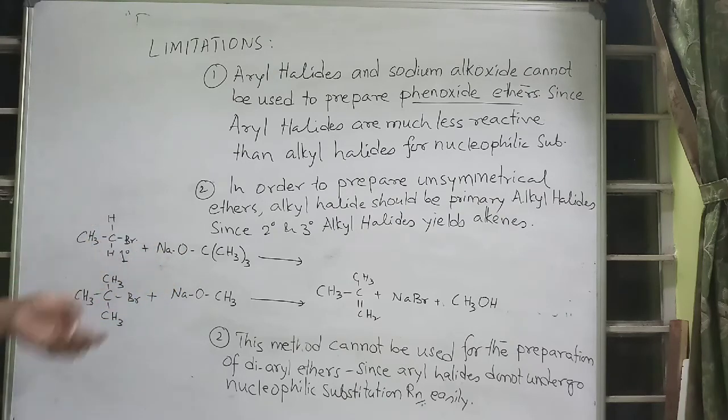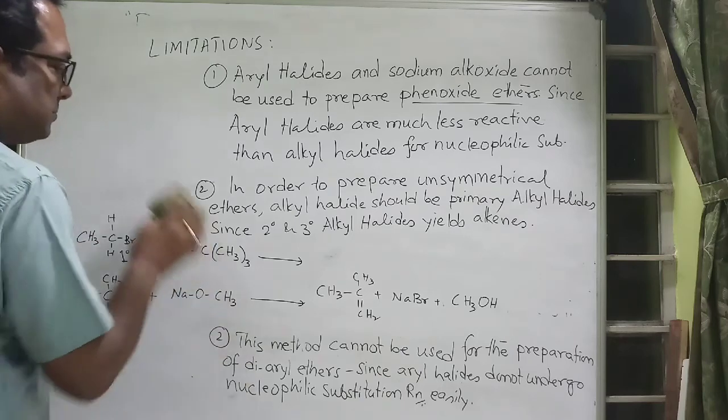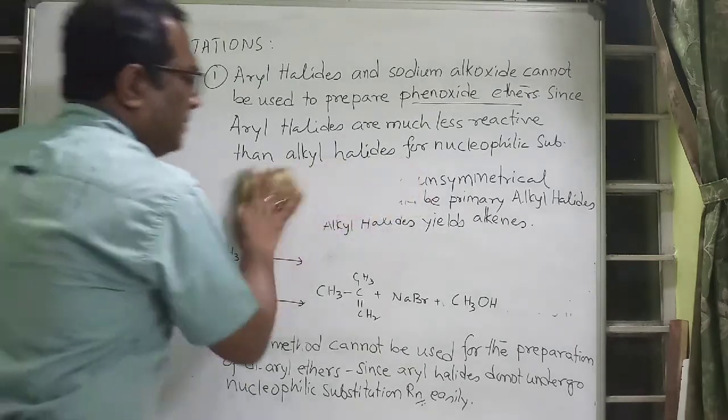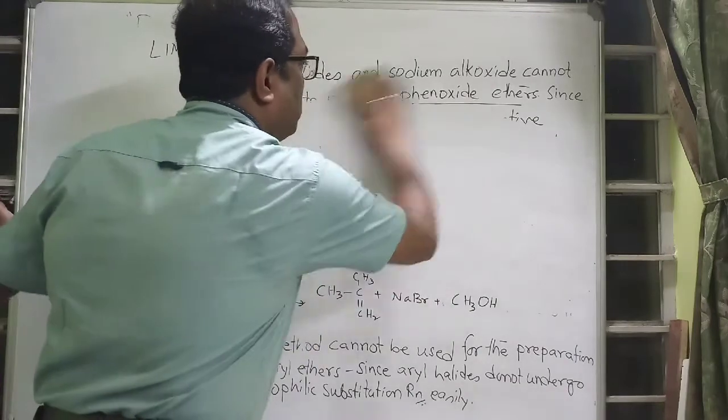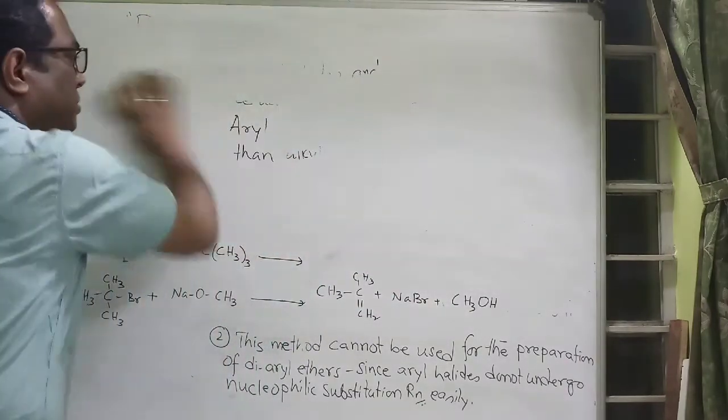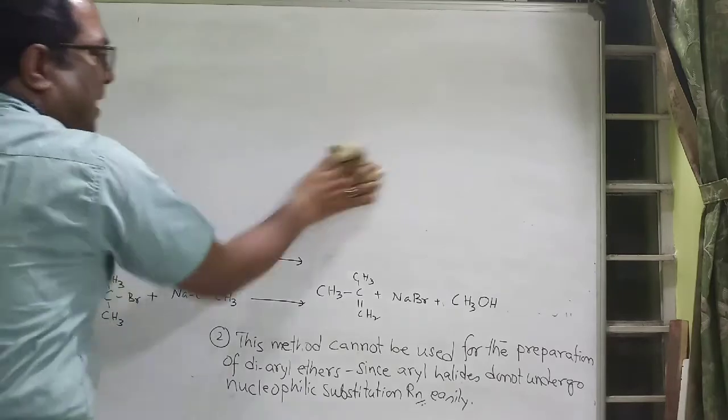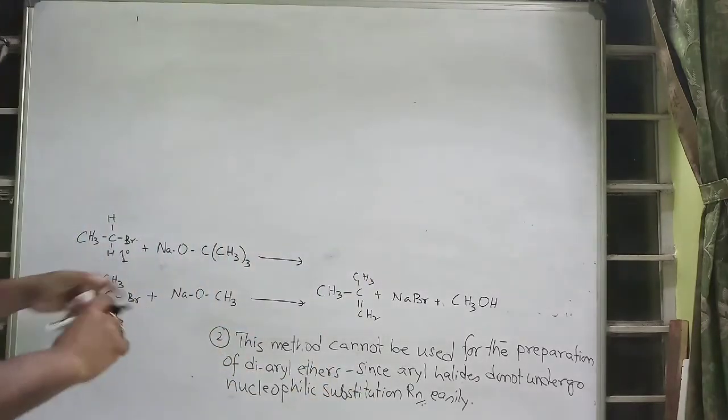So let us see what the reaction will be. If I remove this line to get more workspace, I will show you the limitations of the second part of Williamson synthesis.